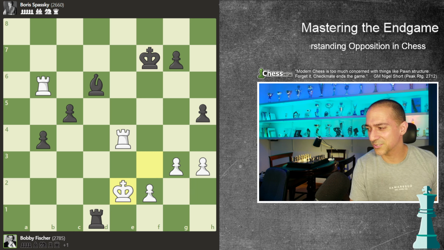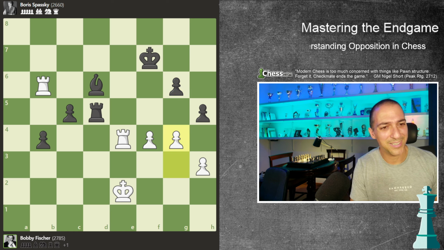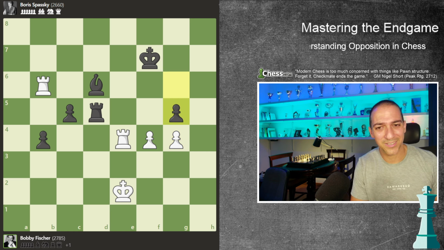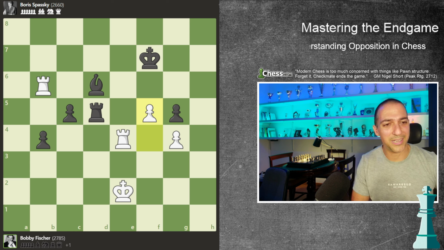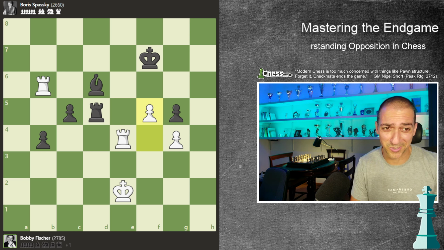So he continues like that, king e2, and now rook, pawn takes, and after pawn, now I have a passed protected pawn. Protected passed pawn, I don't know the order. If you have the correction, you can always put it in the comments.